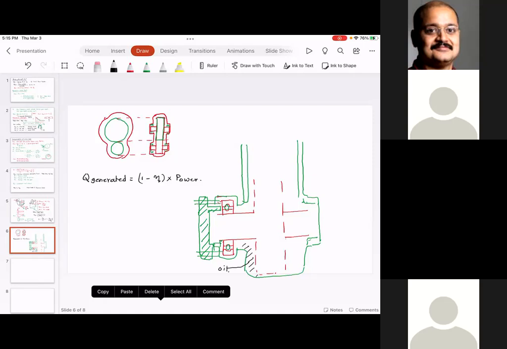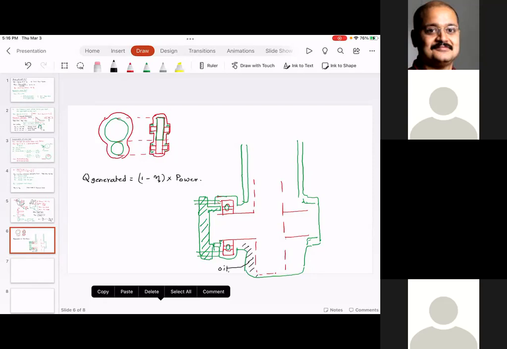The oil that is in contact with the gears will get heated. This oil will get circulated. It will come in contact with the casing, and that casing would act as a heat sink and dissipate that heat.